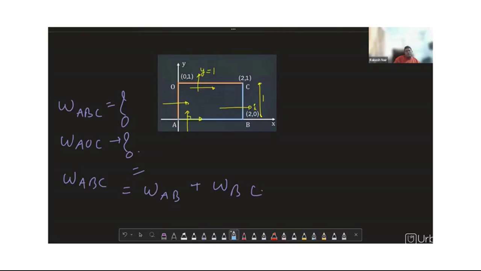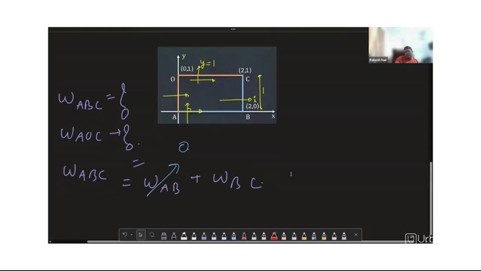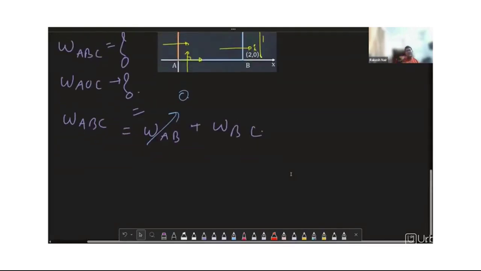The AB quantity turns out to be 0, because it is along the axis and the force is perpendicular to the displacement. You can consider a coolie carrying a load: theta is 90 degrees, the work done is 0, and still he is charging us. Here the force is 3x square.